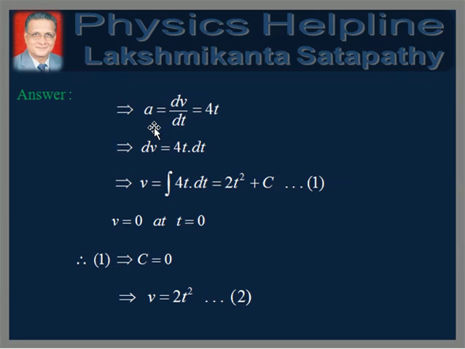It is given that a is equal to 4t. We know that a is equal to dv by dt. Therefore, we have dv by dt is equal to 4t. Cross multiplying, we get dv is equal to 4t into dt.